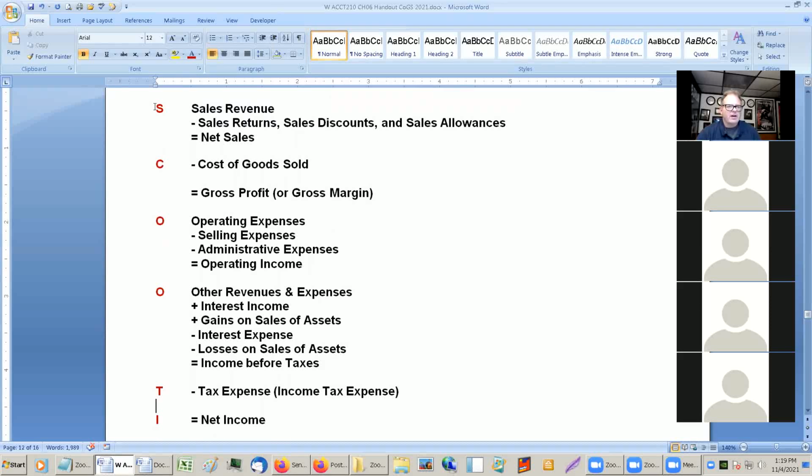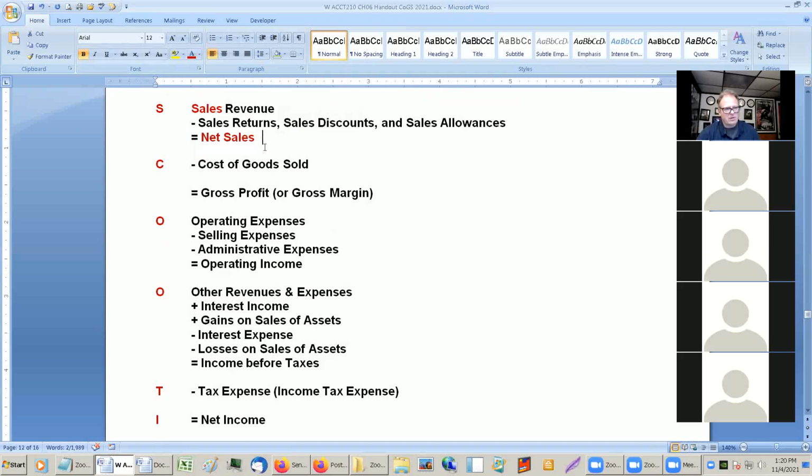So SCOOT, we have the S is for sales. So we have sales or revenue, same thing. We'll subtract out any returns we have and we'll end up with net sales. Returns or discounts or whatever they may be.